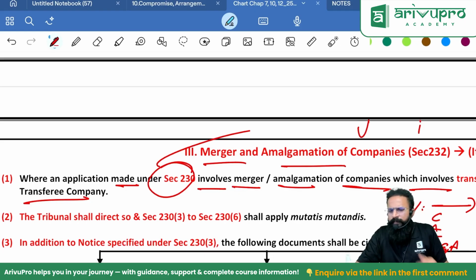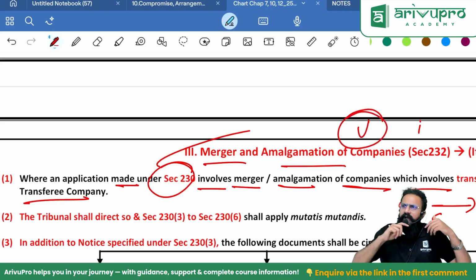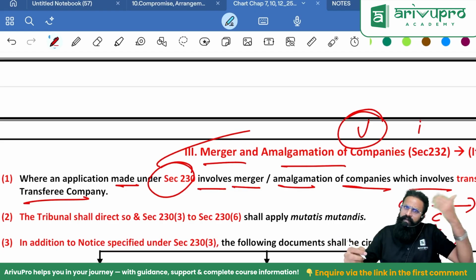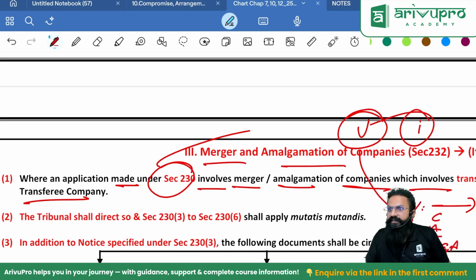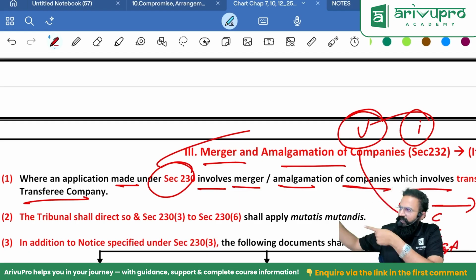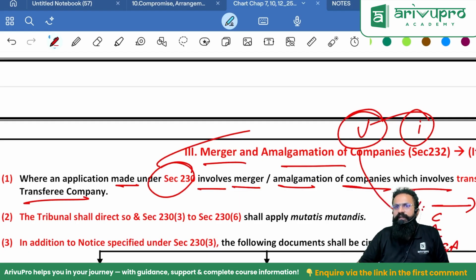Why is that, sir? Earlier the shares, the assets, the property will be in the name of Vodafone and in the name of Idea separately. Now everything will be transferred to the name of Vodafone Idea. Transfer of assets is happening, right? For this, you need to go to the tribunal. Section 230 and 232 will apply.